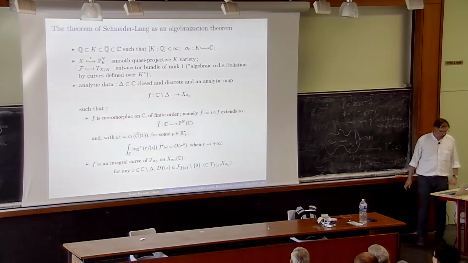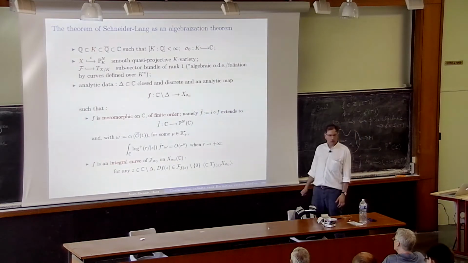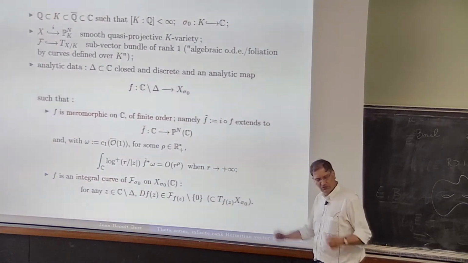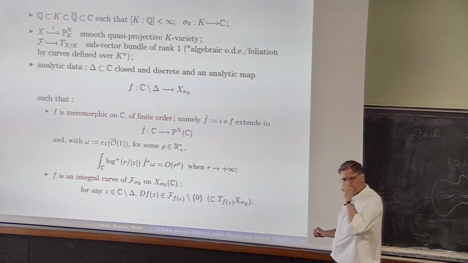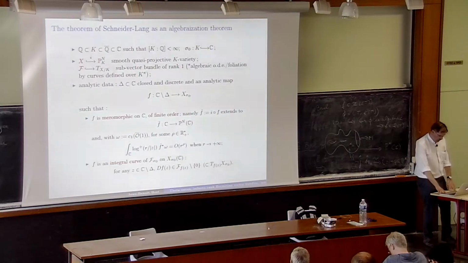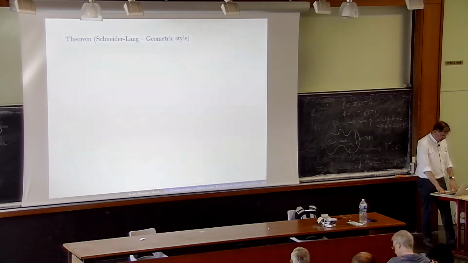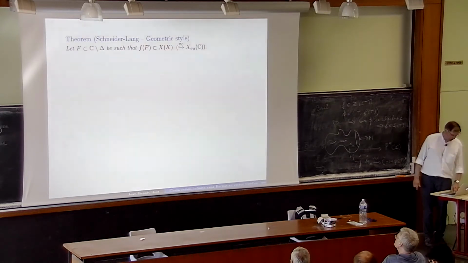And finally, I assume that f is an integral curve of our ordinary differential equation. It goes in the complex world along the leaf. Okay? Okay, so here is a geometric formulation of Schneider-Lang.